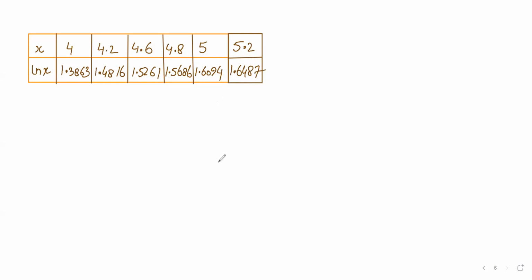And then they say to evaluate the natural log of x for 5.2 by Simpson 3/8 rule.